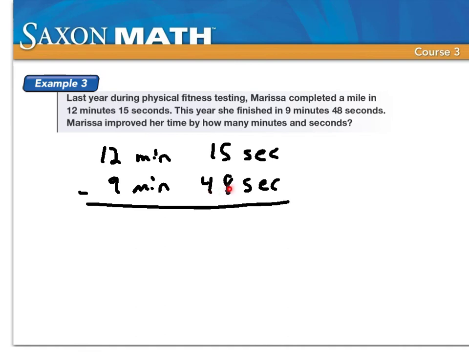Well, again, I can't take 48 seconds from 15 seconds, so I'm going to have to borrow 1 minute, so that makes us 11 minutes. And since 1 minute is equal to 60 seconds, I need to add 60 seconds to what I already had. So 60 plus 15, that's 75 seconds now.